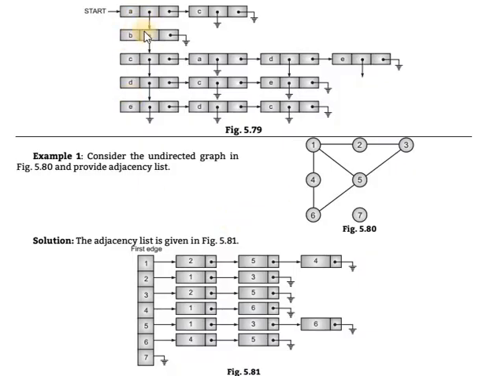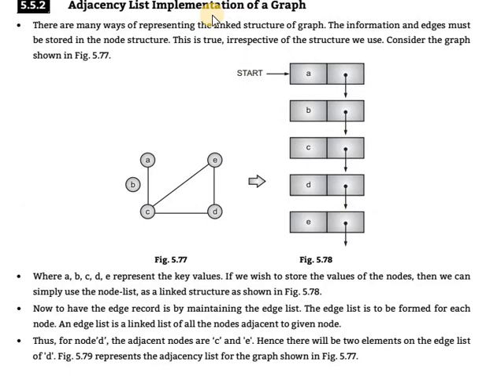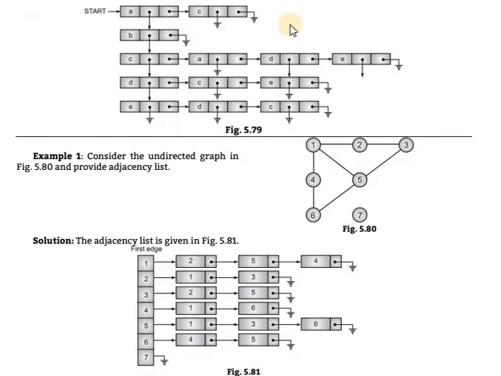This is firstly the list of nodes A, B, C, D. For A, only C is there, so A to C. B has no adjacent node, so directly it is null. Null means no value for that adjacency node. A linked list constructor is used, with 3 fields.